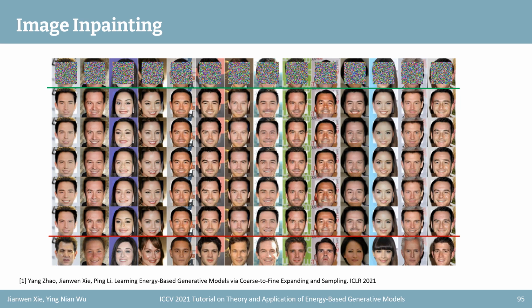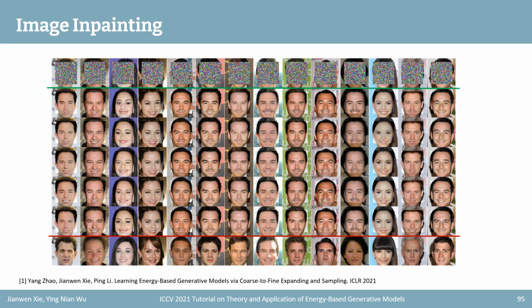From this figure, we can see that the model is very creative, inpainting diverse and reasonable patterns for each occluded image. The first row shows the masked images, and the last row shows the corresponding original images. Other rows show different inpainting results.